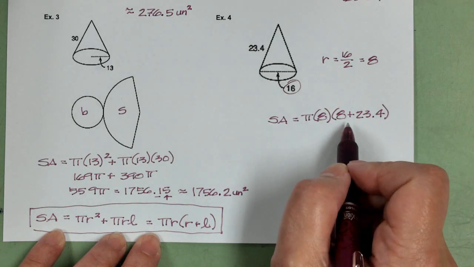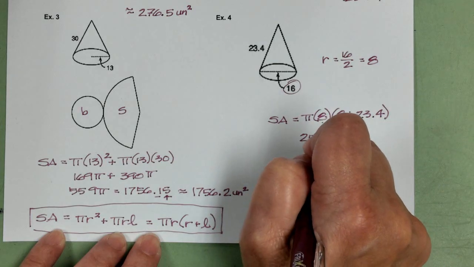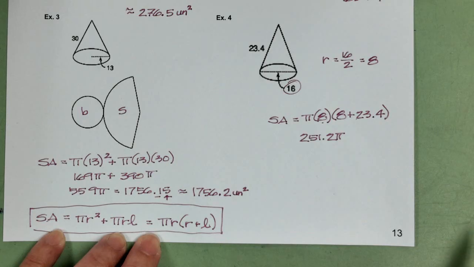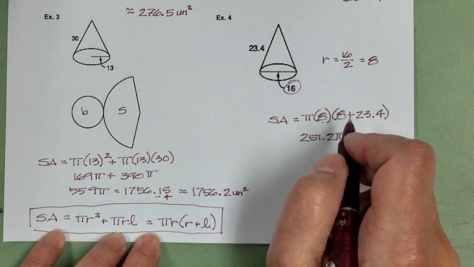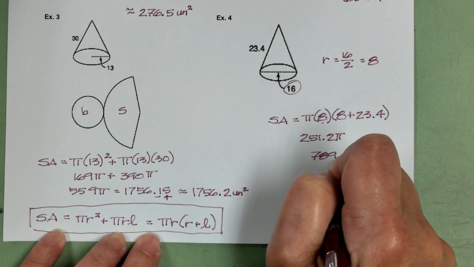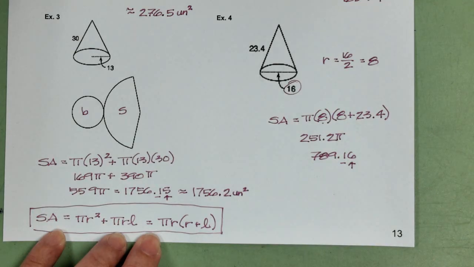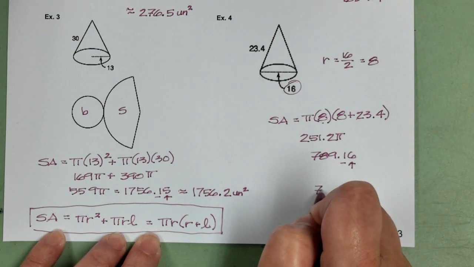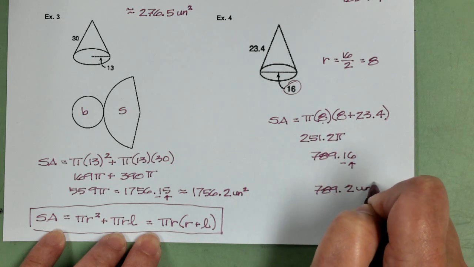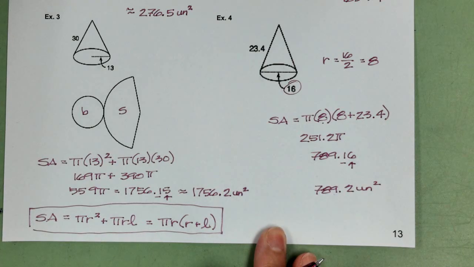Add these together, multiply it by 8, we get 251.2 pi. Plug that in the calculator, and you get 789.16. Again, we're rounding to the nearest tenth, so we get 789.2 square units.